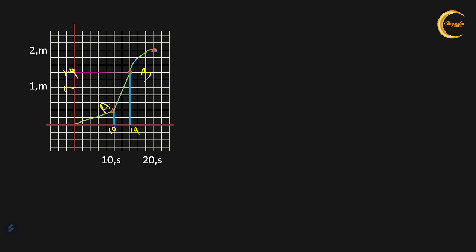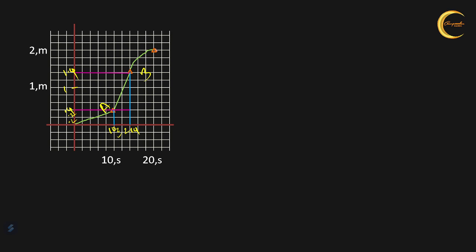Another is 10 seconds. And this is also 0.4 meter. One division means 0.2 meter, so 0.2 plus 0.2 gives a total of 0.4 meter. Again, one division means 2 seconds, this is 2 seconds, and another is 2 seconds.